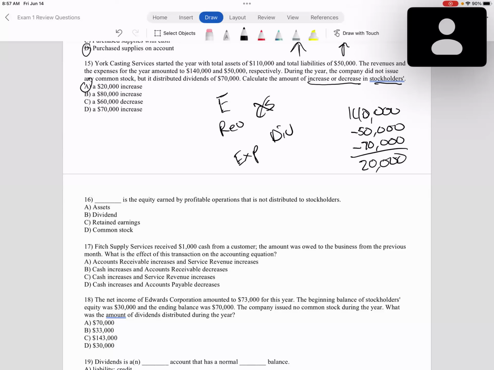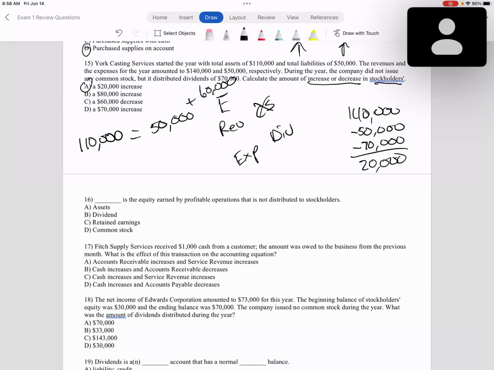Now be careful, if the question asks what is the balance, then at that point we have to go back: our assets in the beginning were 110. Our liabilities were 50. And so therefore our equity, we can solve for that unknown, would be 60,000.